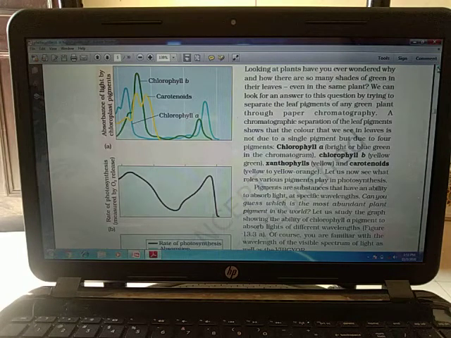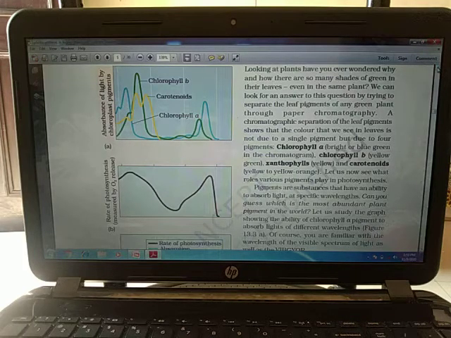Carotenes are orange colored hydrocarbons with the general formula C40H56. The red color of tomato and chili is due to a carotene called lycopene. The most common carotene is beta carotene, which is converted to vitamin A by animals and human beings.